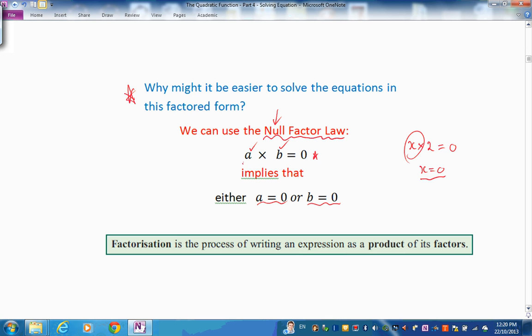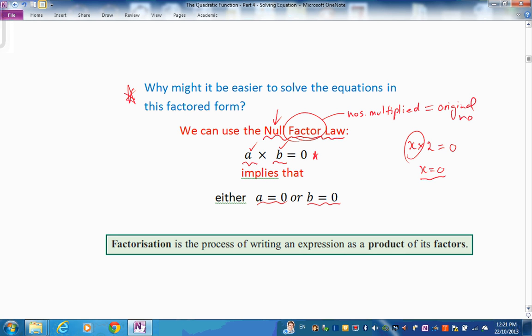So if you have 2 things multiplied that give 0, you can call these 2 things factors, because going to the definition, factors are numbers multiplied together to give the original number. Expressions just stand for numbers in algebra land anyway.